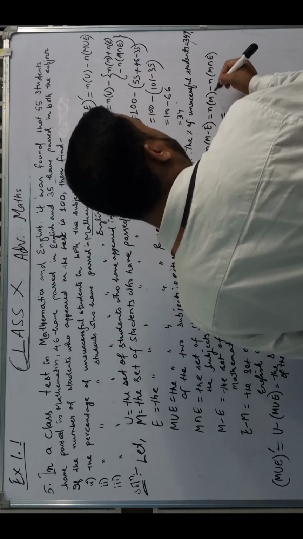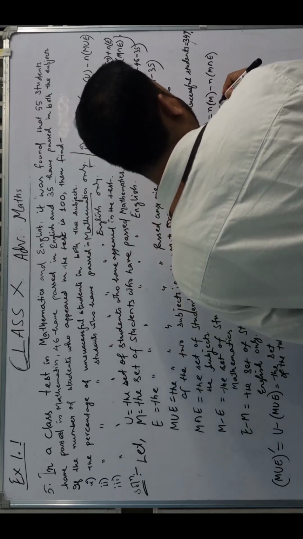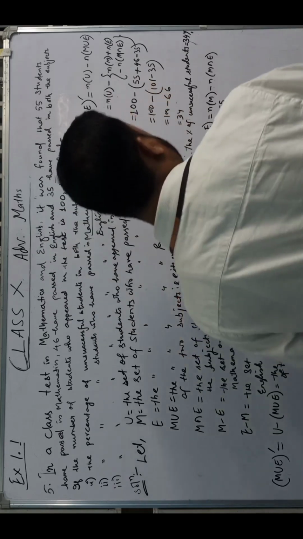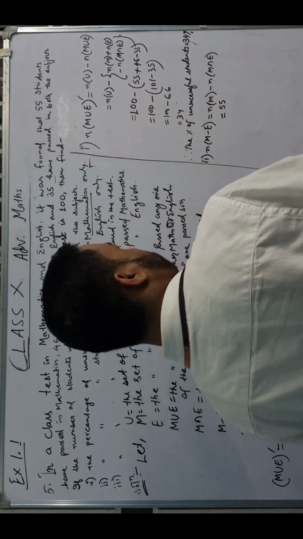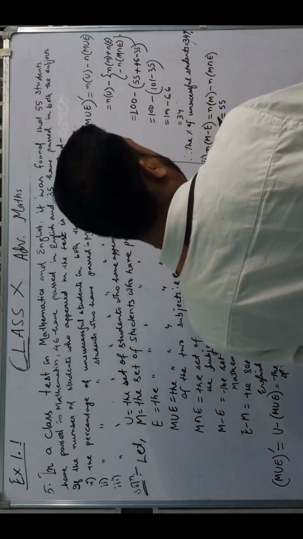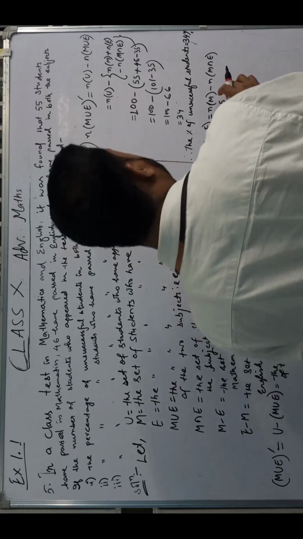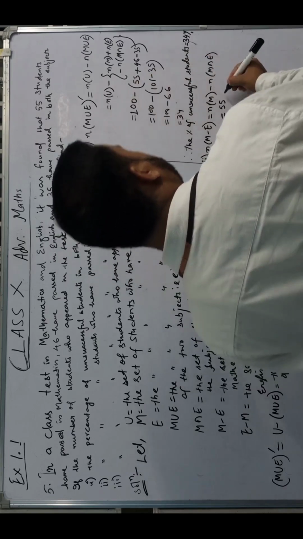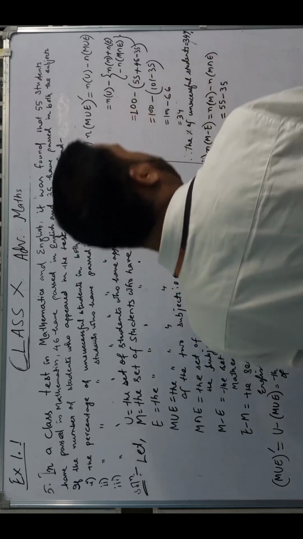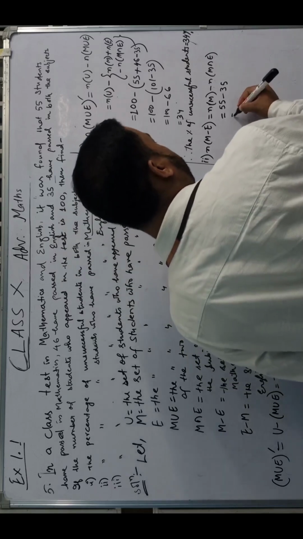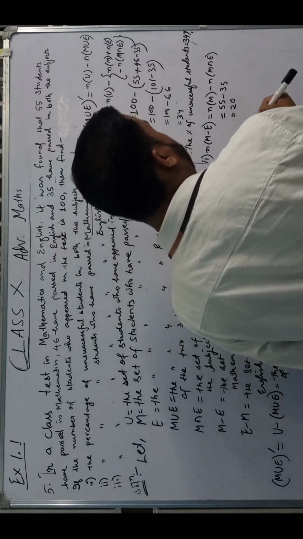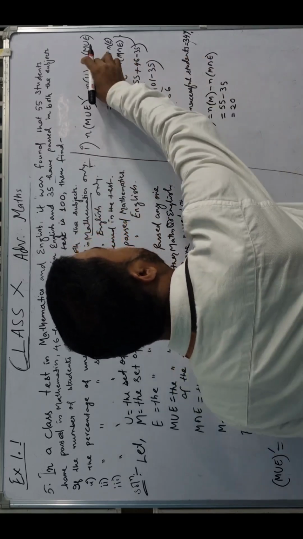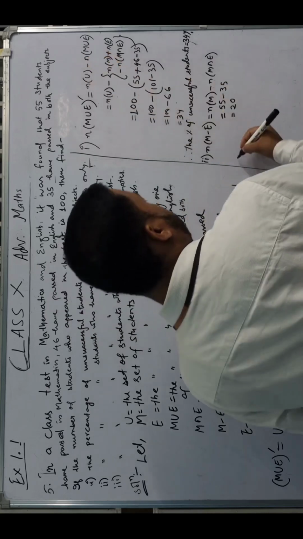So the number of M is 55. The number of students in M difference E could clear only maths. Out of 55 students who have passed mathematics, 35 students also passed English. So 55 minus 35 is 20. Now these 20 students are out of the total U, which is 100.